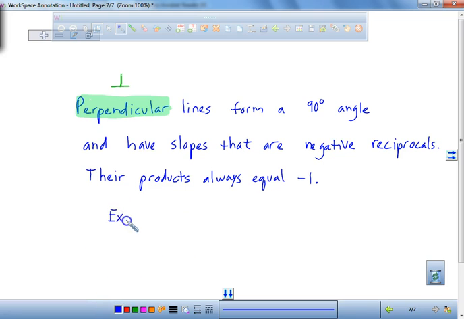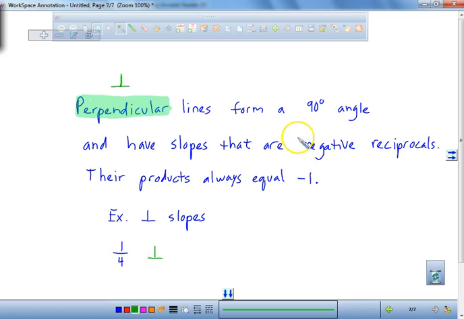Examples: I'm going to put an upside down T and the word slopes, meaning examples of perpendicular slopes. Give me a slope, any slope. 1 over 4. Now we're going to find the perpendicular slope of 1 over 4.